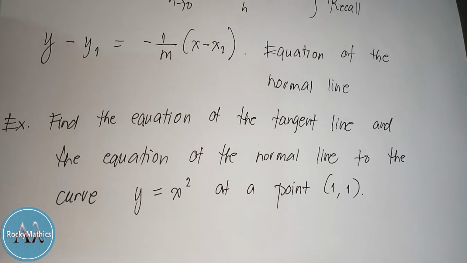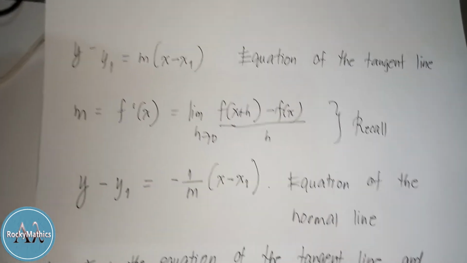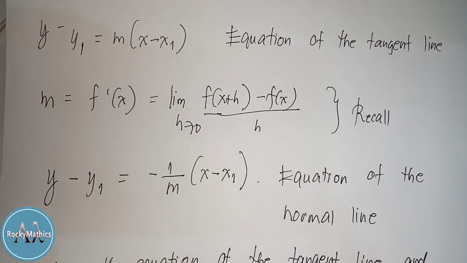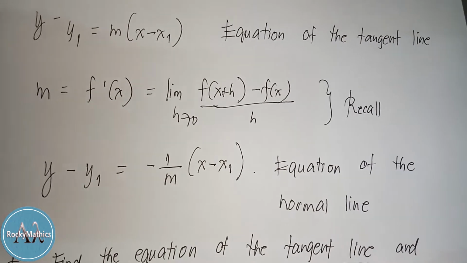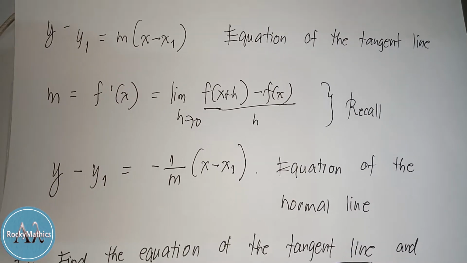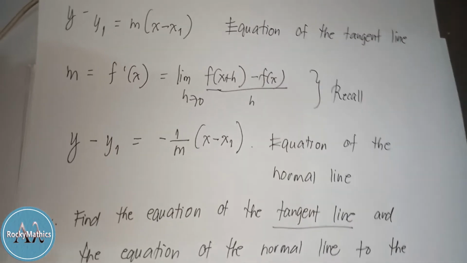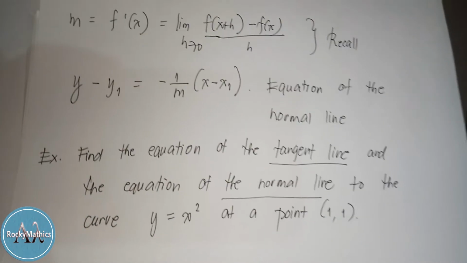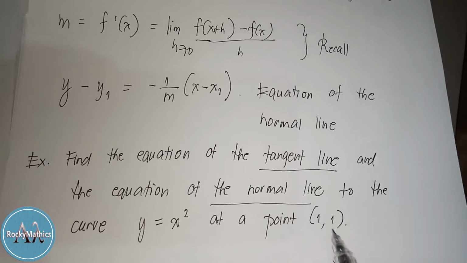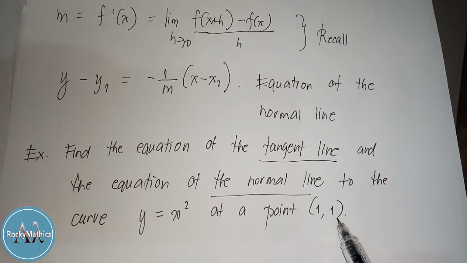Now, all we have to do is go back to these formulas, the equation of the tangent line and also the equation of the normal line. But the assumption here is we must know first the point. So this is x sub 1 and this is y sub 1.